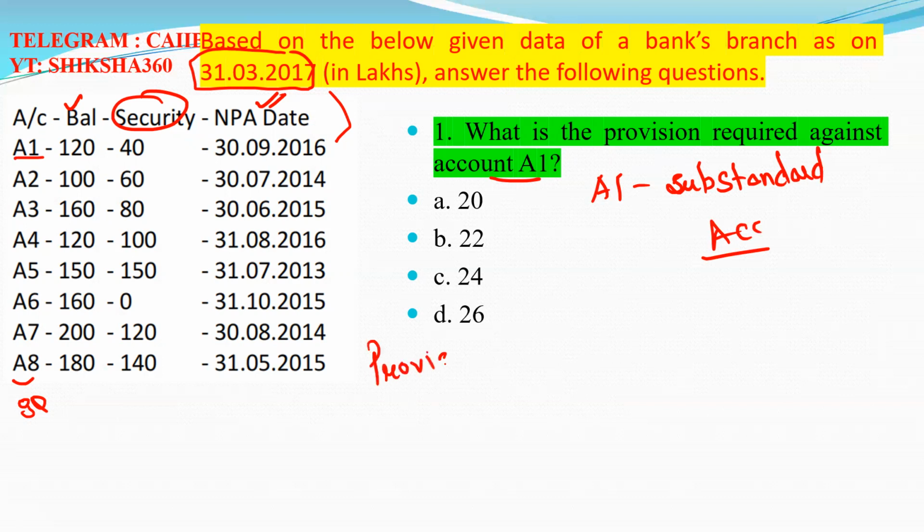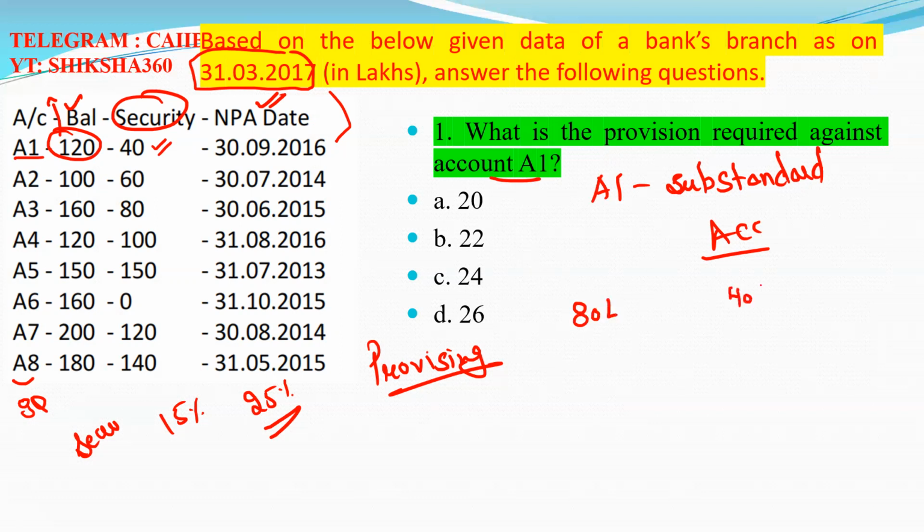We have already understood that in a substandard account, we provision 15% for the secured portion and 25% for the unsecured portion. Here the total balance is 120 lakh, out of which 40 lakh has security. So unsecured is 80 lakh, secured is 40 lakh.